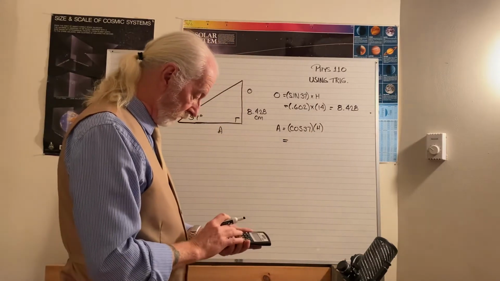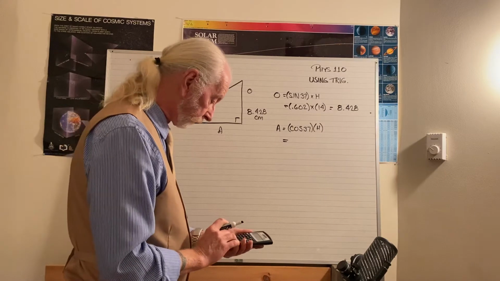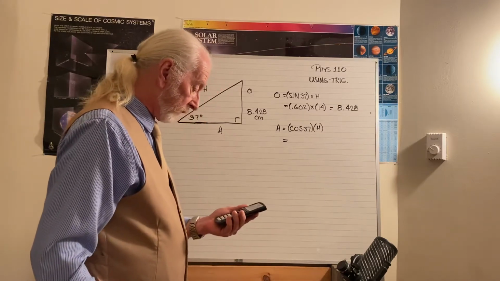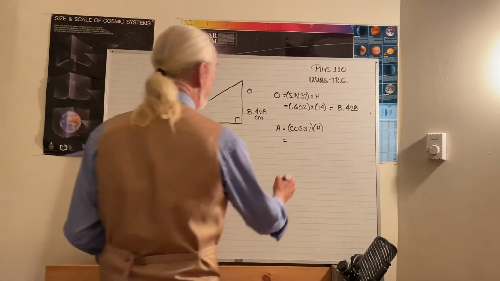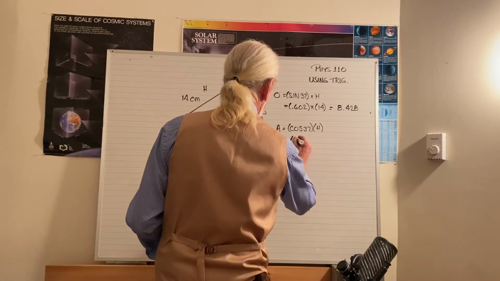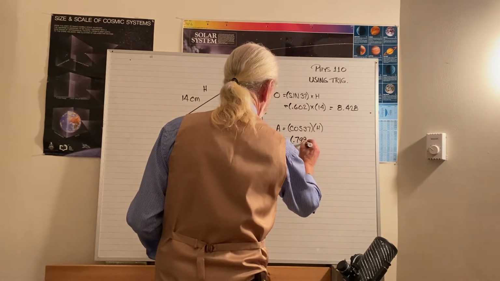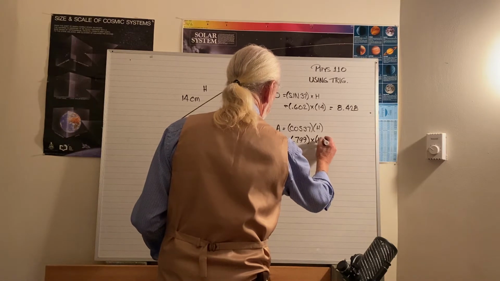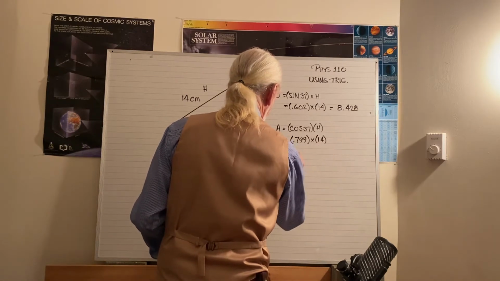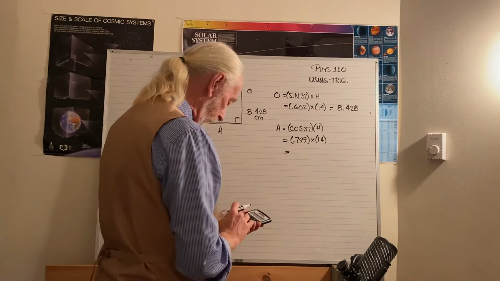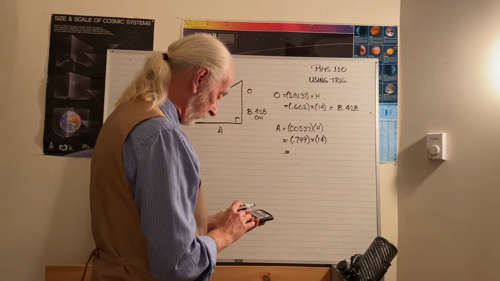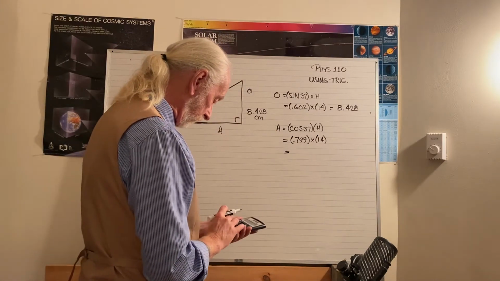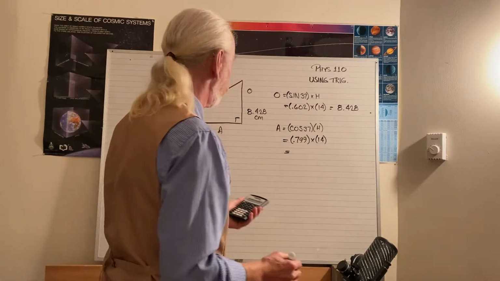So I go cosine 37. I get 0.799 times 14. I get 11.186.